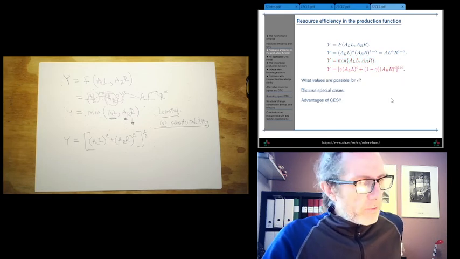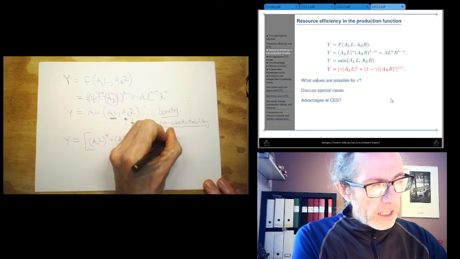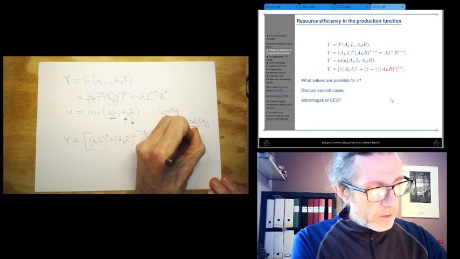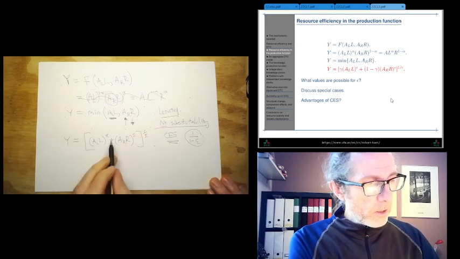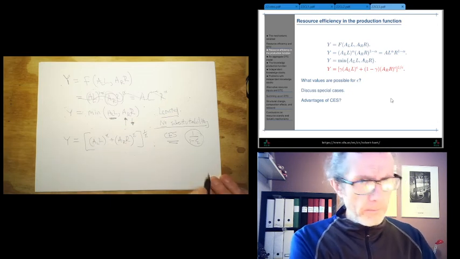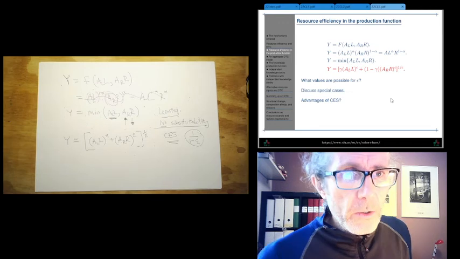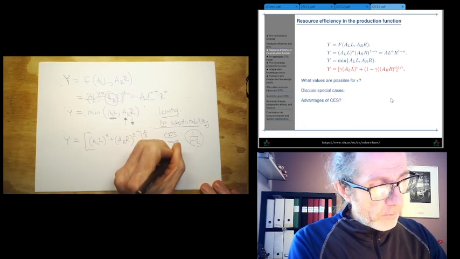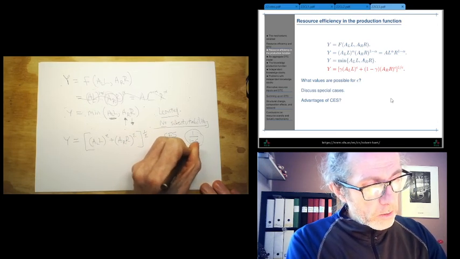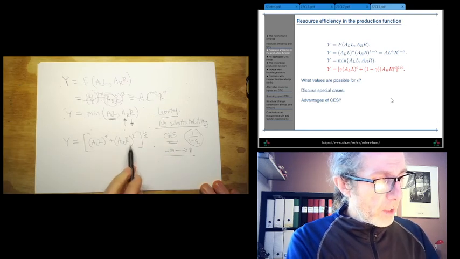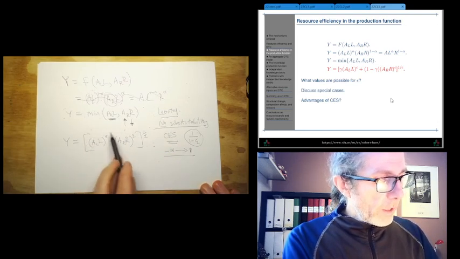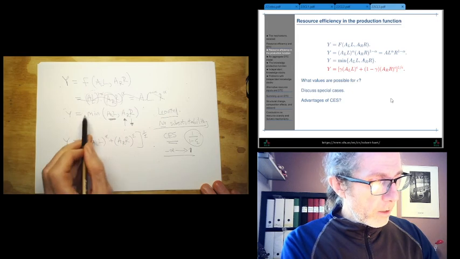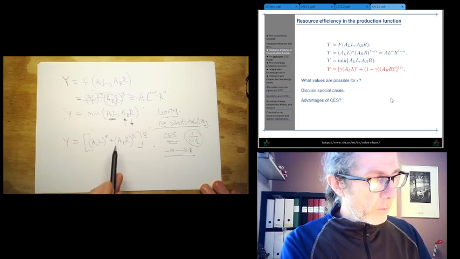What about the CES? This is called CES, constant elasticity of substitution. And if I'm not very much mistaken, the elasticity of substitution is 1 over 1 minus epsilon, given this way of formulating it. What values are possible? Epsilon can be anything from minus infinity to 1 for this production function to make sense. When epsilon is minus infinity, in the limit it's Leontief, there's no substitutability.